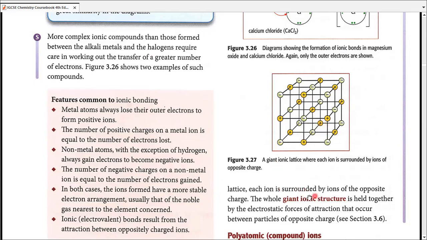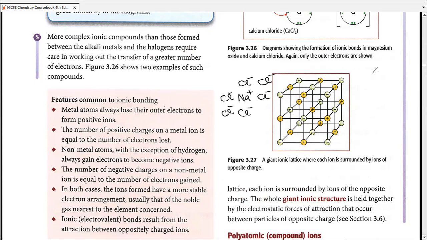Each ion is surrounded by a whole set of opposite charges. For example, Na positive is surrounded by Cl negative, top, bottom, right, left, one in front of it, and one at back of it, in all 3 dimensions.